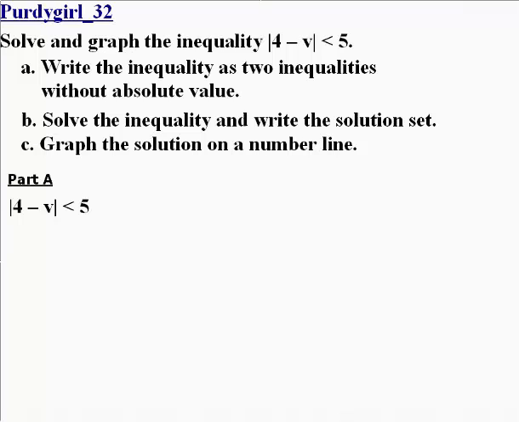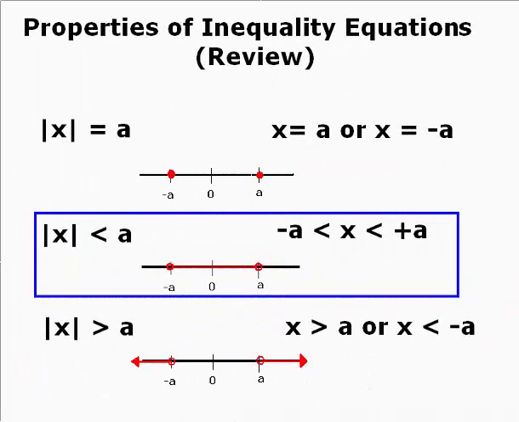If we refer back to our review, we can see that this applies to the second property, where the absolute value of x is less than a. A in our case is the value 5, and x in our case is 4 minus v. From our review, we understand that x should be greater than negative a, but less than positive a.